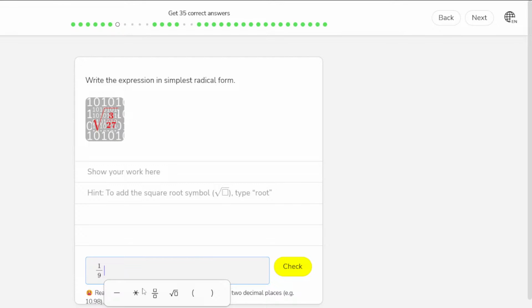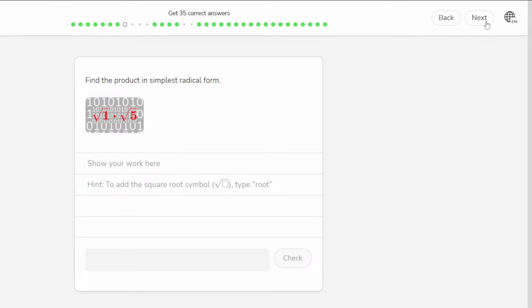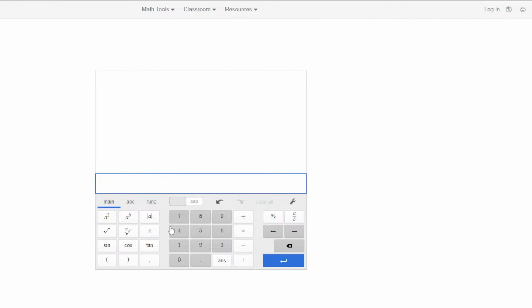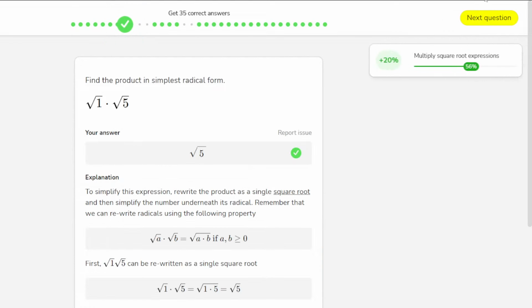So that means it's 1 over 3, naturally. Because that makes a lot of sense. Doesn't make so much sense. The product in simplest radical form. The square root of 1? What is the square root of 1? It's 1. Oh, so it's just square root of 5. Easy.